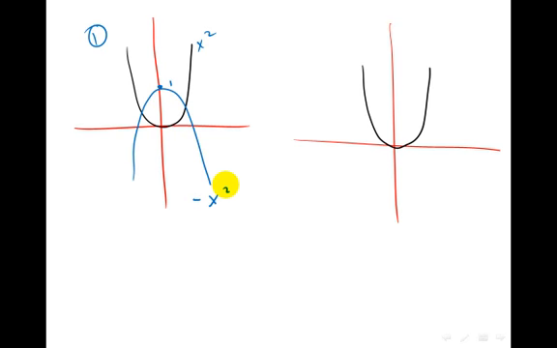But what's the factor that will drag this graph 1 unit up? It's the plus 1. So this will be f of x equals minus x squared plus 1. This plus 1 is because it's dragged up by 1 unit, and this negative is because it's reflected downwards.